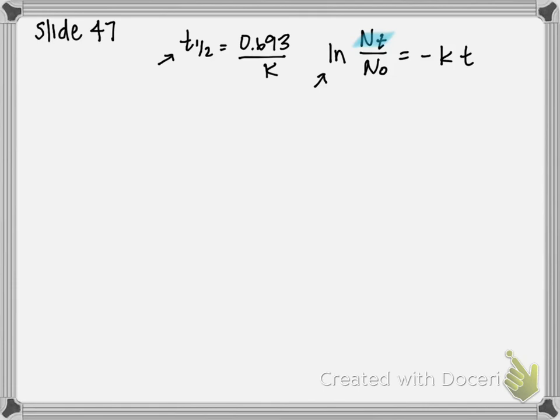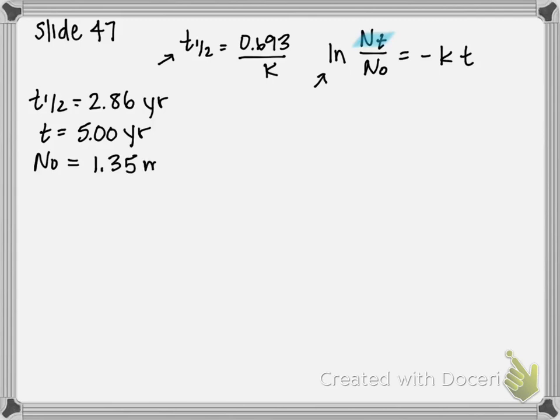So some things that they gave us in this problem, they tell us that our half-life is 2.86 years, and they tell us that we're looking for the amount of something after 5 years, and that our initial amount, N0, is 1.35 milligrams.